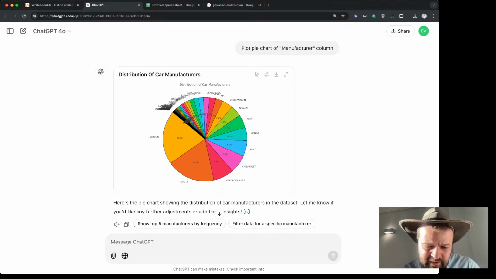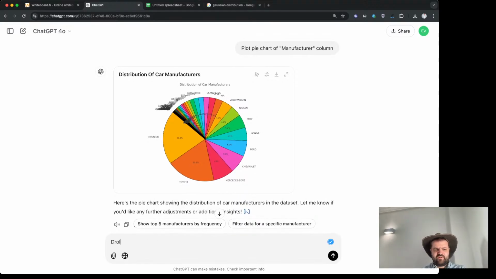So here we can see that there are many instances of cars where they are even below 2% of your whole dataset. So what we can do is drop rows where the percentage of manufacturer counts are below 2%.